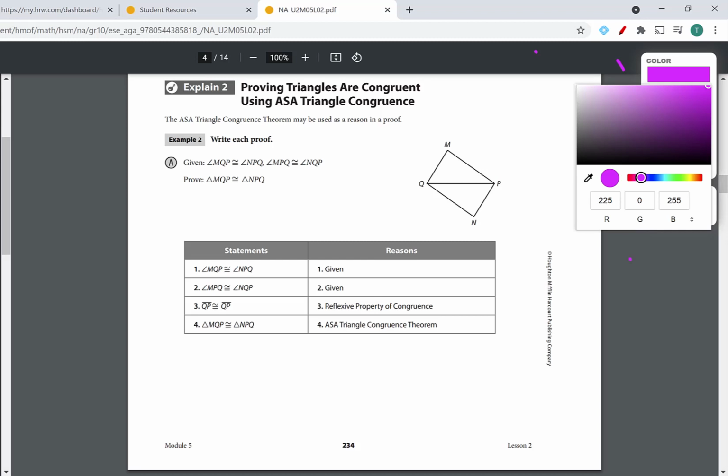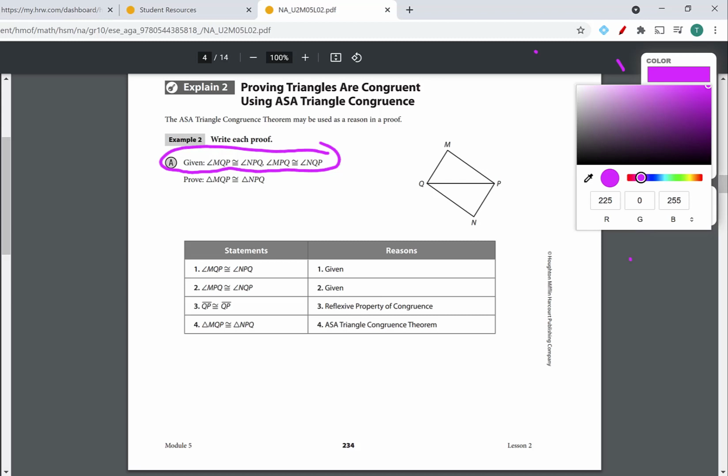So you can read the given information, and when you write a two-column proof, that's always how you start. Or I'd say 99% of the time, that's how you start. For the purpose of geometry class, you're always going to start with the given statements in your proof.